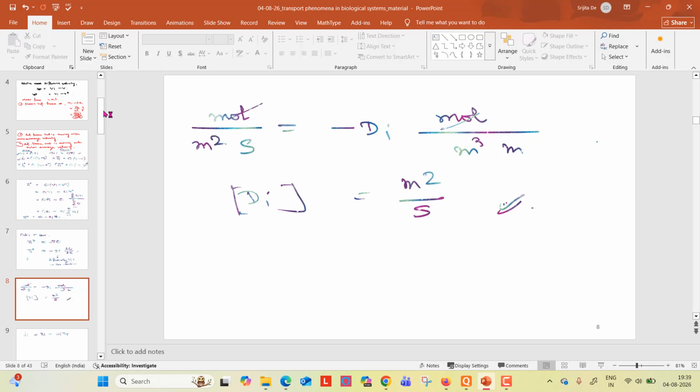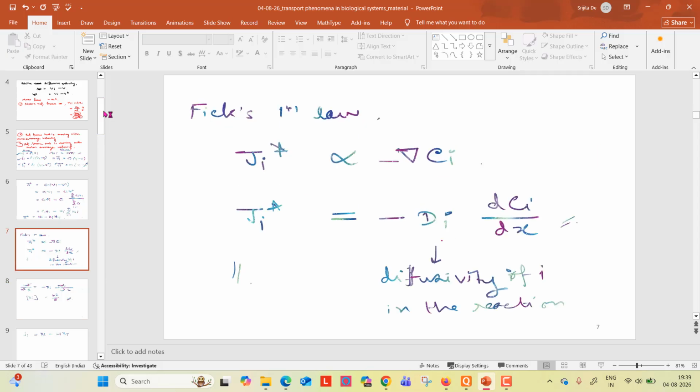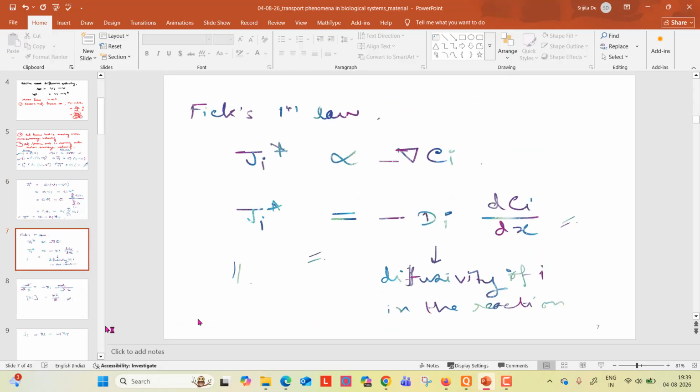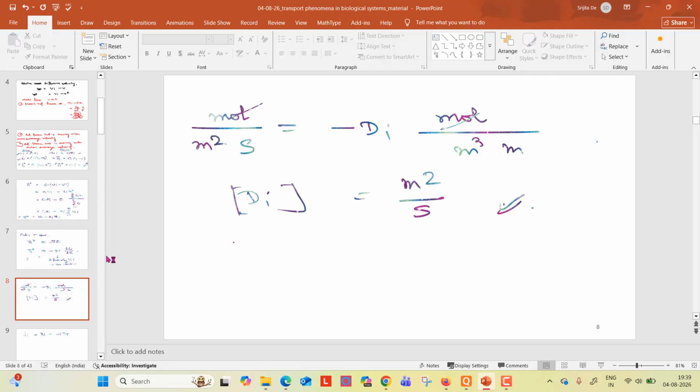Now if this equation can be placed in this equation, right? So what is it? Ji star equals Ni minus Xi Nt, right?